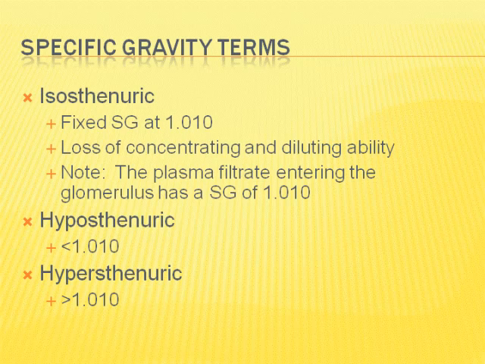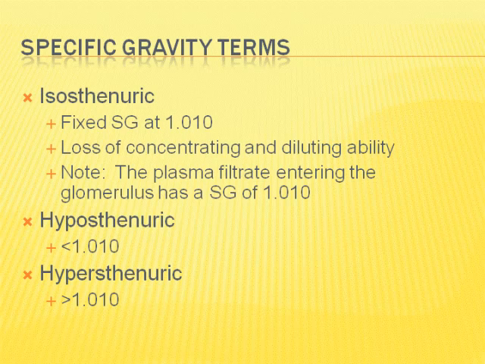Some terms you should know. Isosthenuric, this is when you have a fixed specific gravity at 1.010, and this means that the filtrate entering the glomerulus has a specific gravity of 1.010.